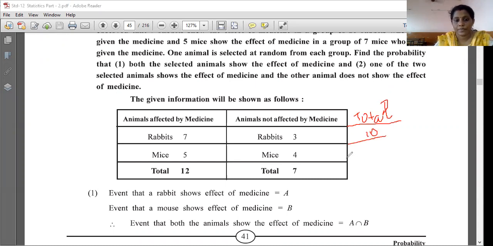And here mice, how many mice are there? I think 7 है शायद, है ना? So 7 mice. 5 show the effect and here 5 plus 2, either 2 ही होगा. Again they have made a mistake. What to do?